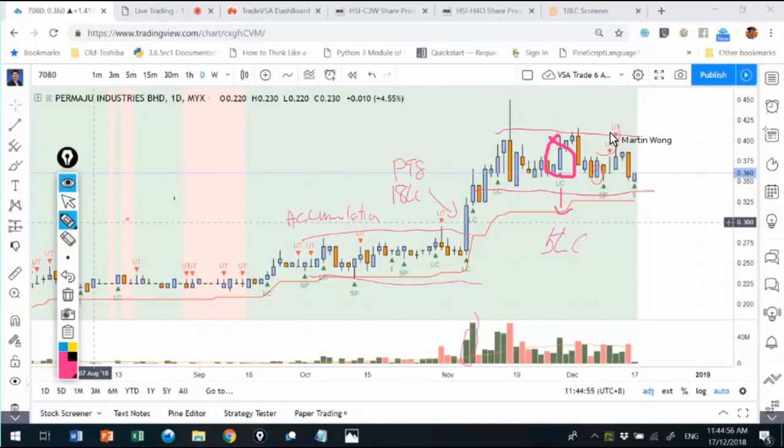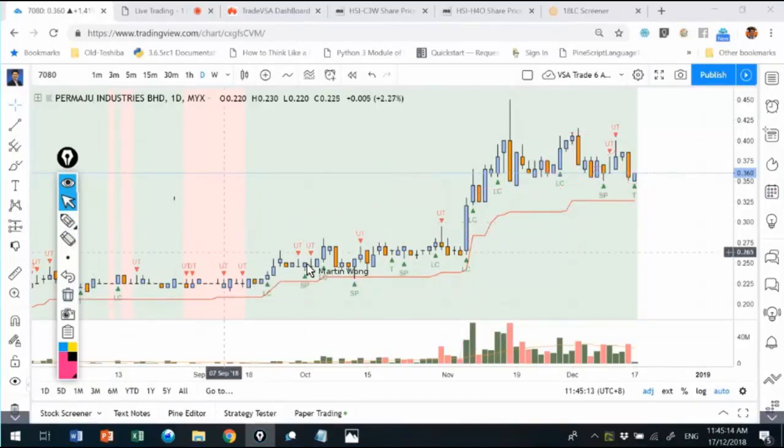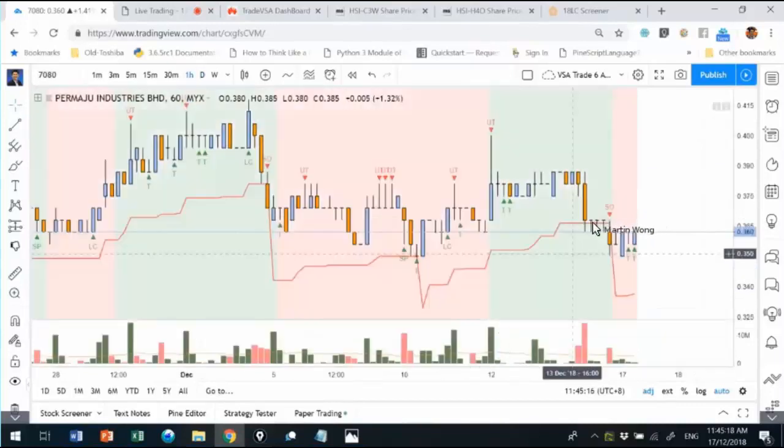I do see springs over here followed by this upthrust, and today also comes with a test. So definitely on the daily chart itself, for me this is nice and worth holding at the moment. Now I switch to hourly charts.